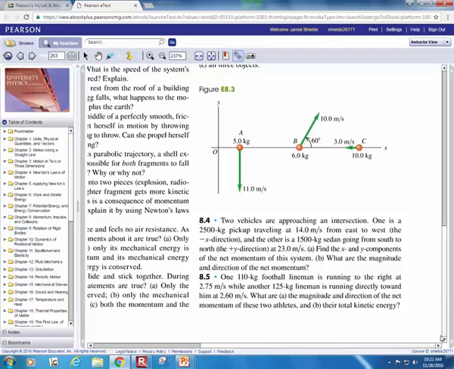X and Y components. Yeah, what we just did, right? And then how are we going to do magnitude and direction? Square the squares, and to find direction, we're going to do what? Arctan. Very good. That's right, arctan.